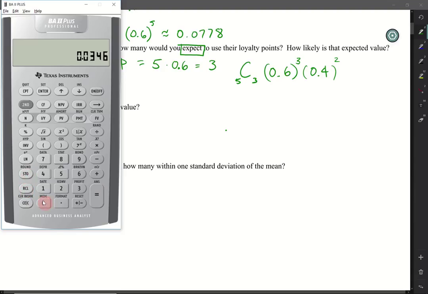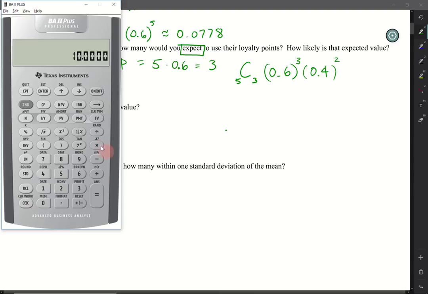Okay. So then I can do this coefficient, which is the 5c3. Of course, we knew it was 10, right? Now what I would like to do is multiply it by that one.